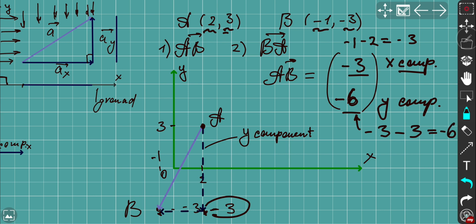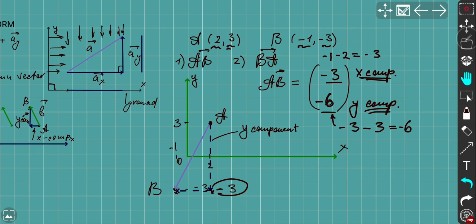So here's the general rule. In order to use an alternative way, if you're given 2 points with coordinates, let's say 2, 3, and -1 and -3, in order to calculate each component of the vector, you simply need to subtract the corresponding coordinates of the starting position from the ending position. So how can we arrange this as a general rule?